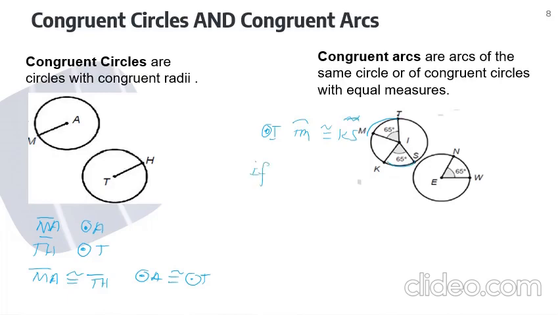If circle I is congruent to circle E, then we can now conclude that arc TM is congruent to arc NW, and arc KS is congruent to arc NW.